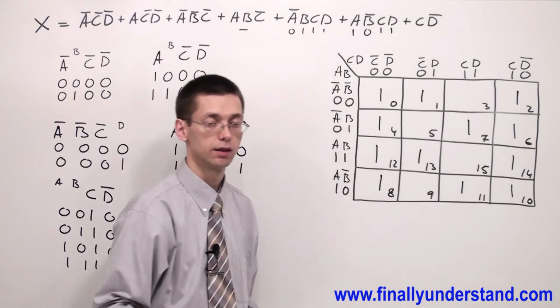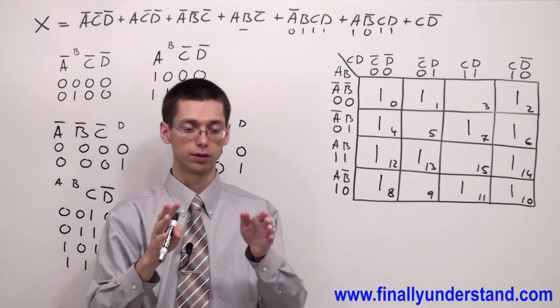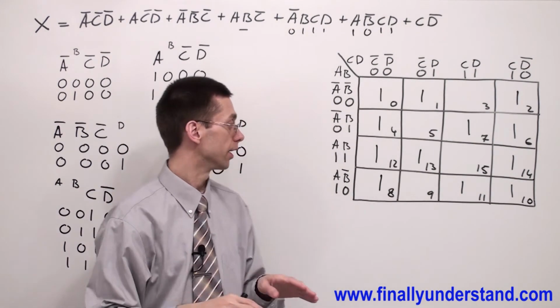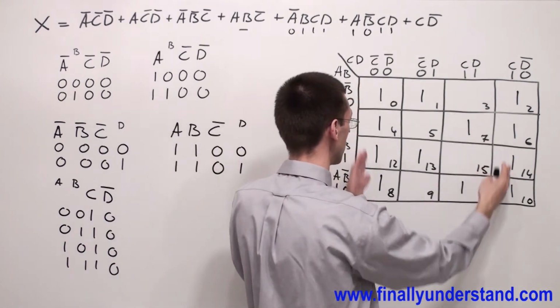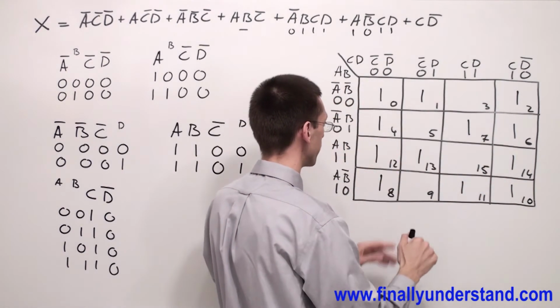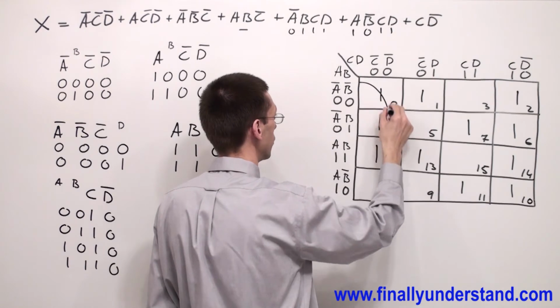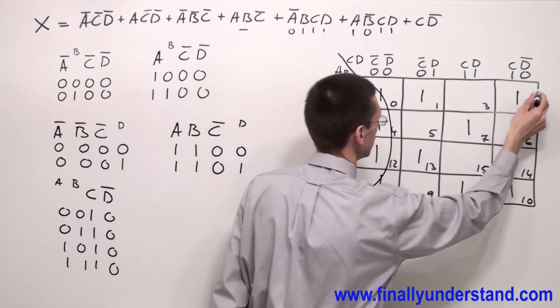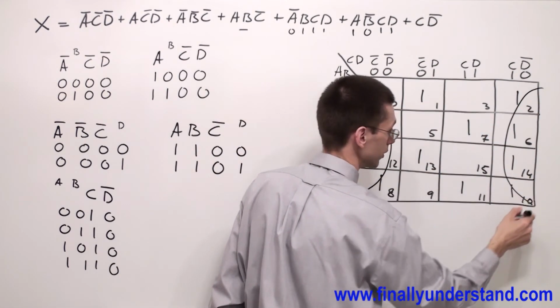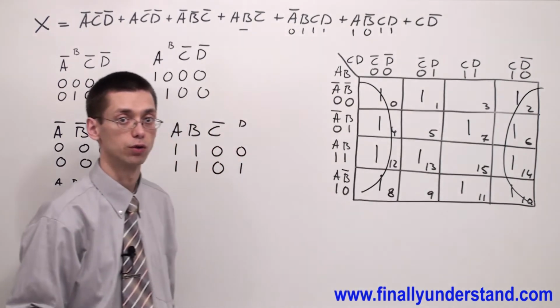Keep in mind that we can fold Karnaugh map and we can make these 2 columns next to each other. That's why I'm going to create one group like this. Group of 8 ones. This is one group.